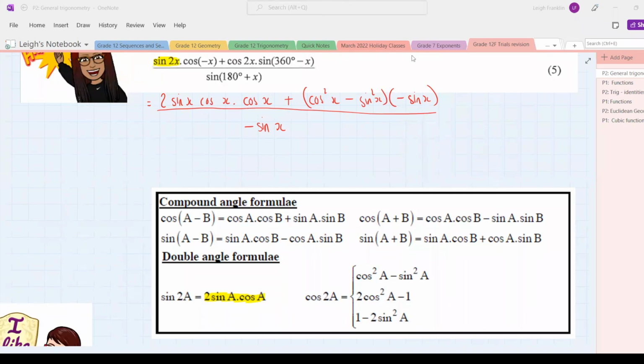So now this is going to give us 2 sine x cos squared x plus, actually, I don't know that writing it like that was the best way to write it.